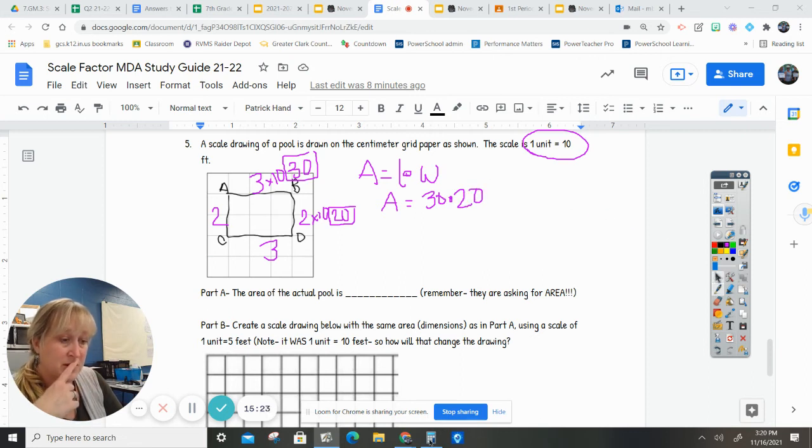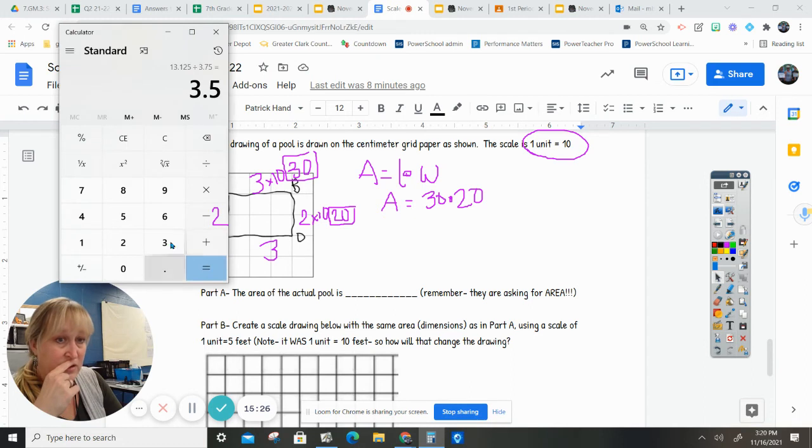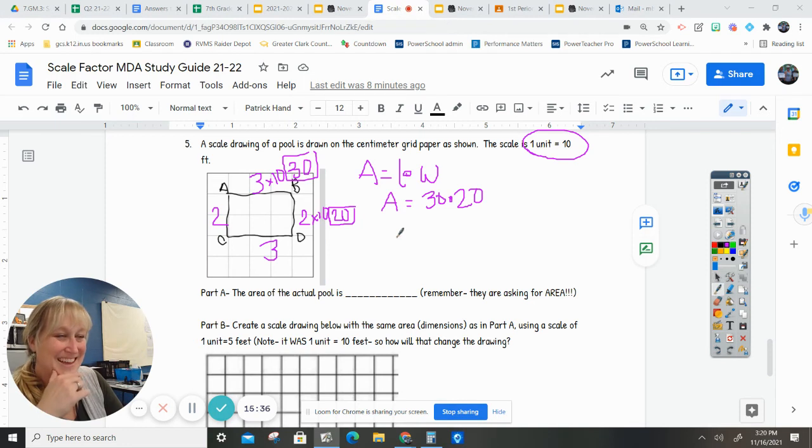Now, sometimes I mess up my zeros, so I'm going to get my calculator just to make sure. 30 times 20, I think it's 600. Yes, I was right. Okay, so my area equals 600, and it's feet squared. So I will have to put 600 feet squared.